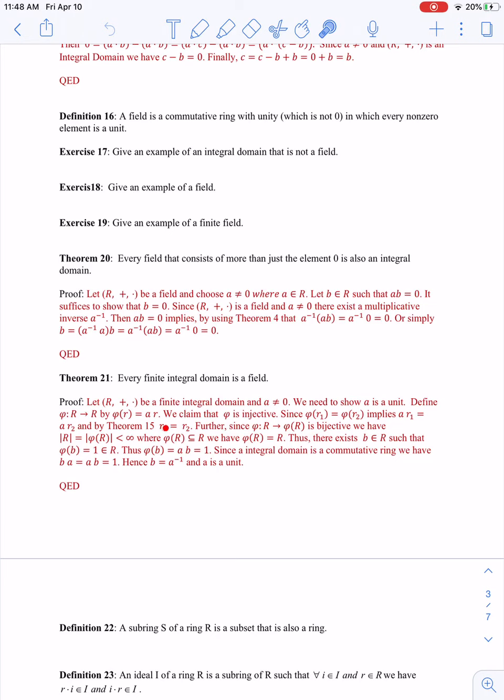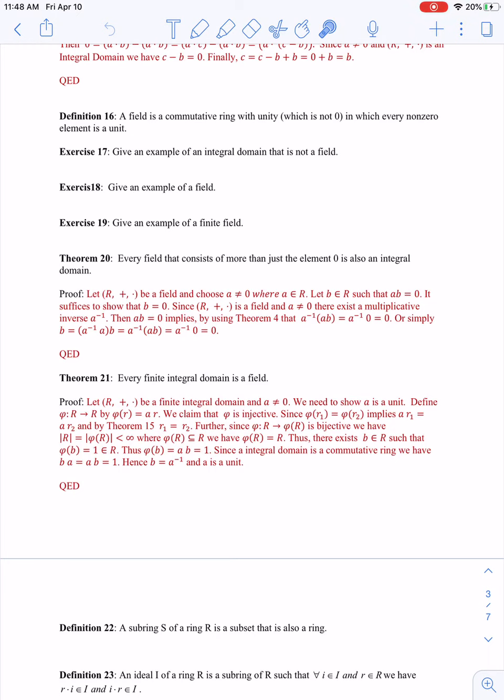But now think, phi of R is a subset of R. So here I've got this subset of R that has the same number of elements in there. What does that tell me? They have to be the same set. So phi of R is exactly all of R. Now, what is in R?